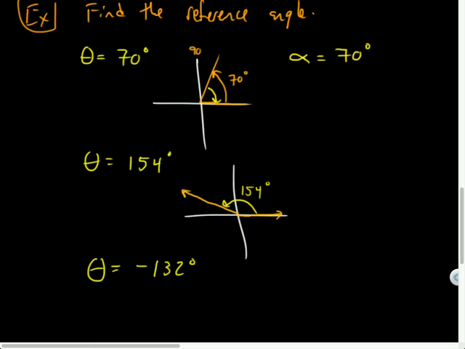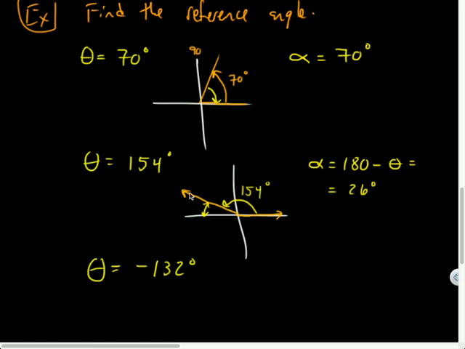So what is the reference angle here going to be? 26. How do you find that? It's the acute angle to the x-axis, alpha. It's 180 minus 154, that's 26 degrees.